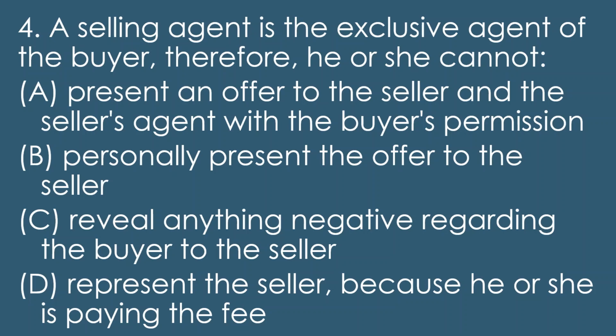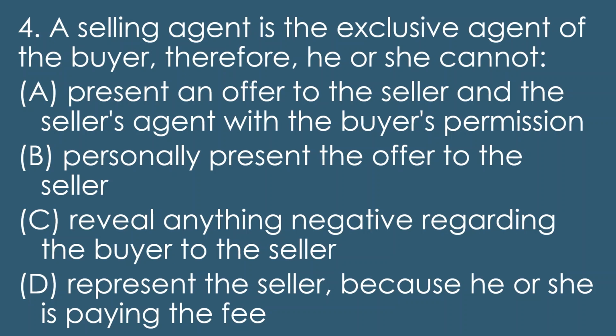A, present an offer to the seller and the seller's agent with the buyer's permission. Well, as an agent for the buyer, yeah, you're going to be presenting an offer to the seller and the seller's agent. That's really one of your biggest things, to assist and facilitate that process. So no, that would not be something that she cannot do. It is something that the selling agent could do. So A is incorrect.